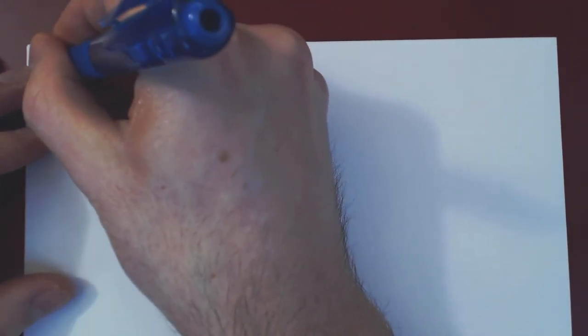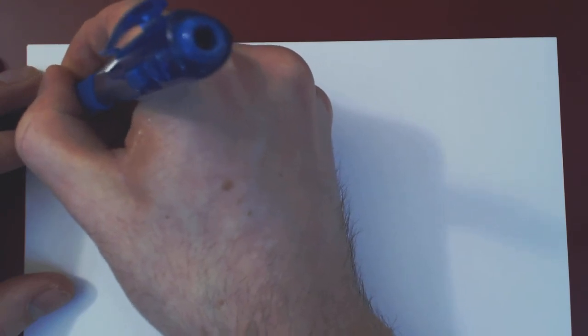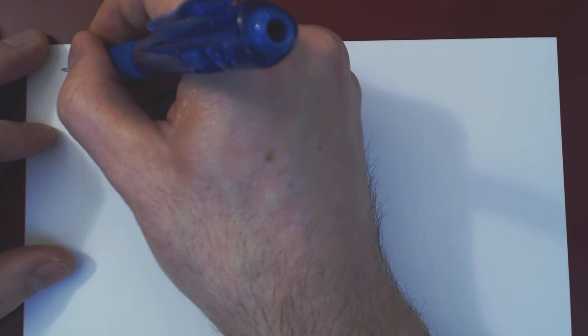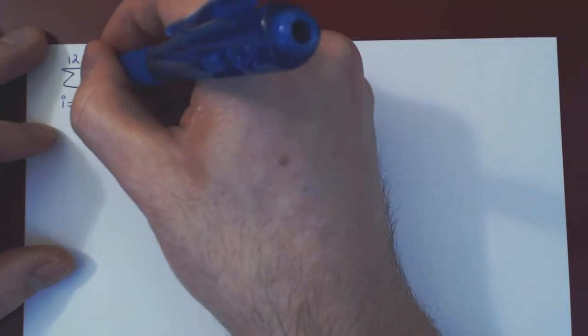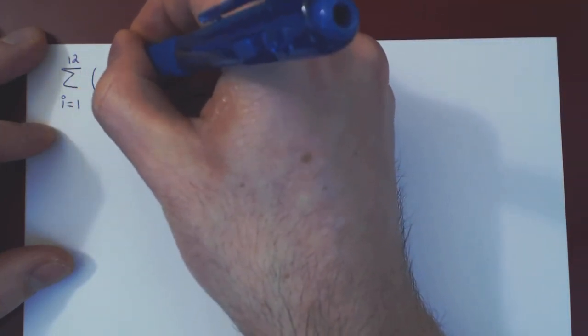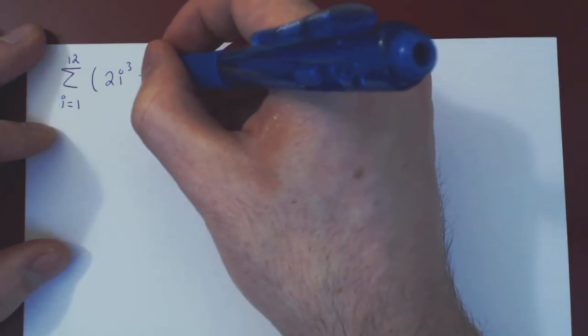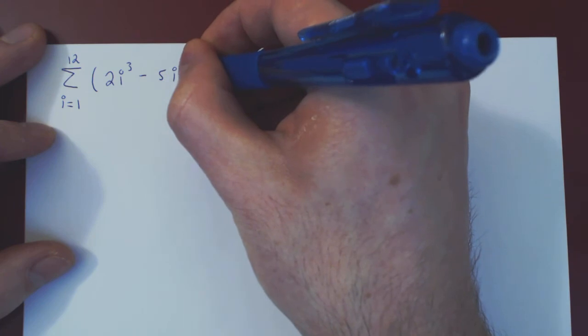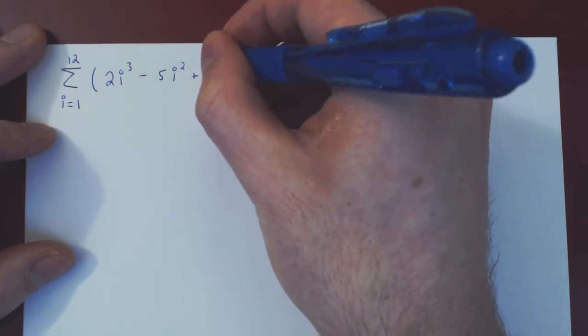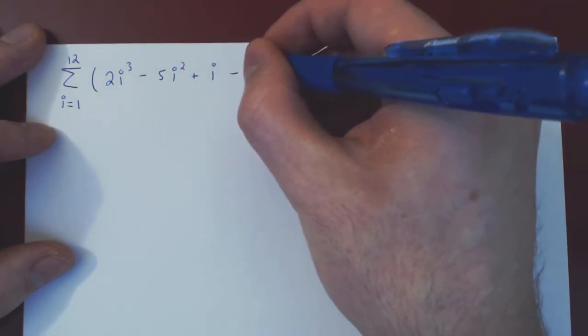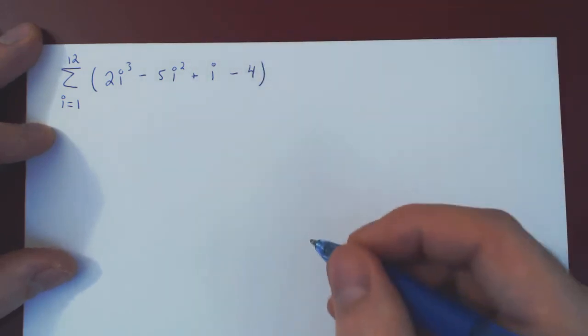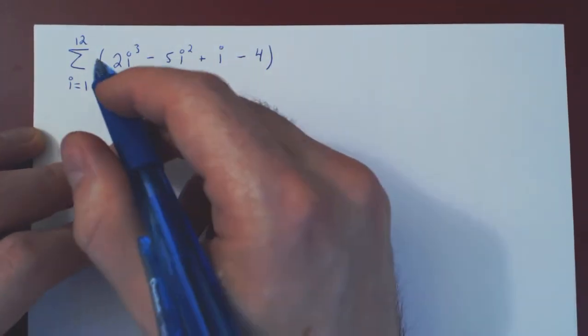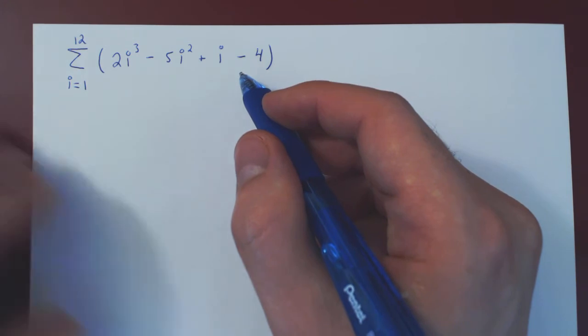So suppose I said, let's evaluate the sum, i ranging from 1 to 12, of 2i cubed minus 5i squared plus i minus 4. And we want to evaluate this in the most efficient way possible.